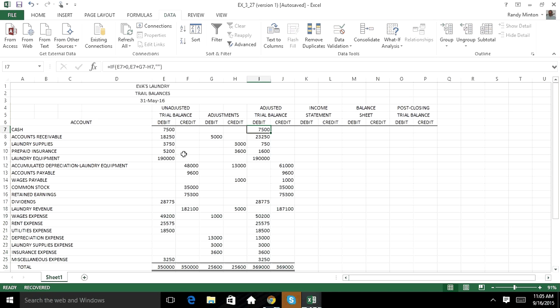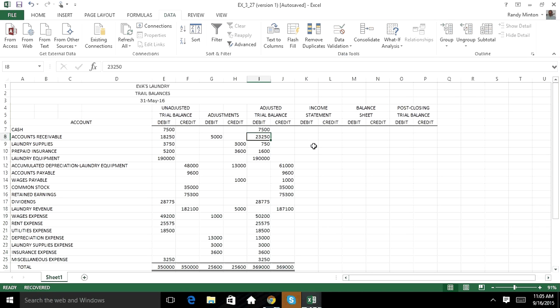If I look at accounts receivable next, it started out at 18,250, and in the adjusted trial balance, it was 23,250, and that difference is $5,000. In order to get from here to here, we need a positive $5,000.